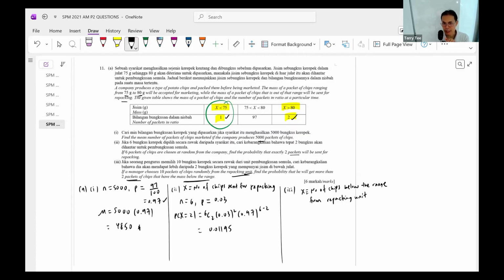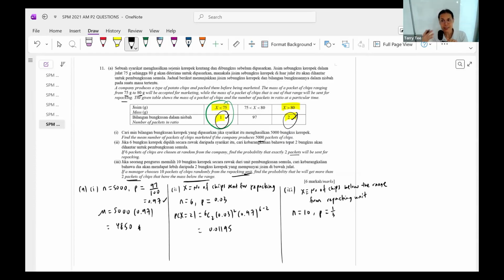Yeah, you say repacking unit, right? Okay. So what's your N? You choose 10 packets. What is the chance that you get the one below the range? Below range is 1. From the repacking unit total, got how many? 3. So your probability is 1/3.